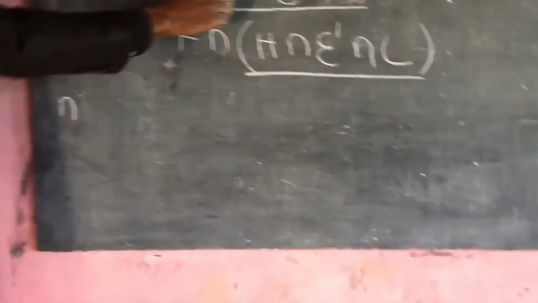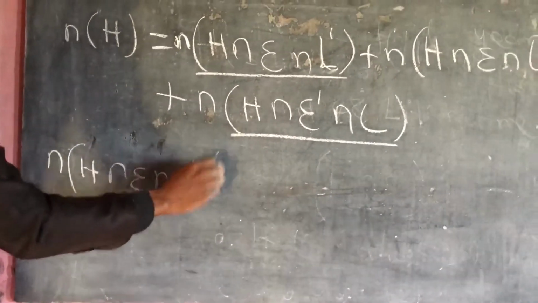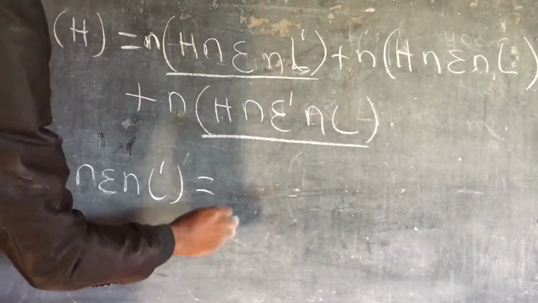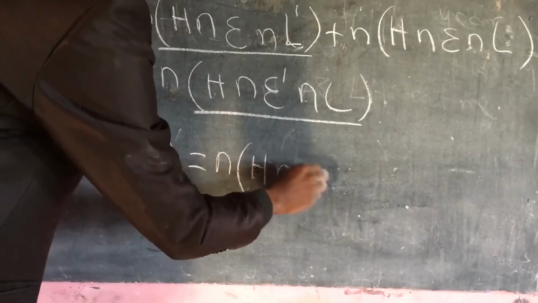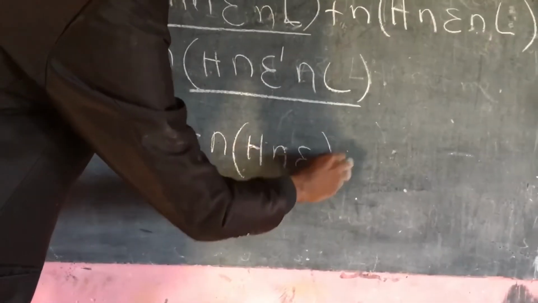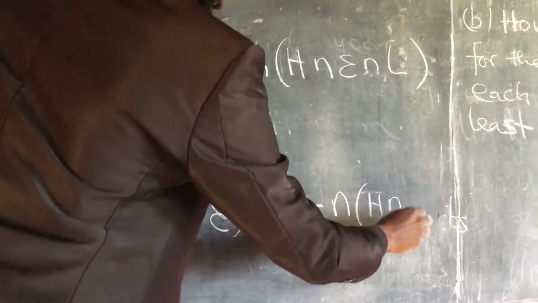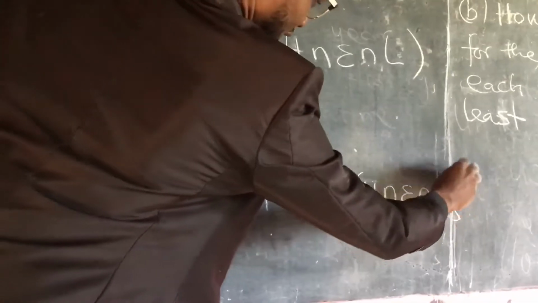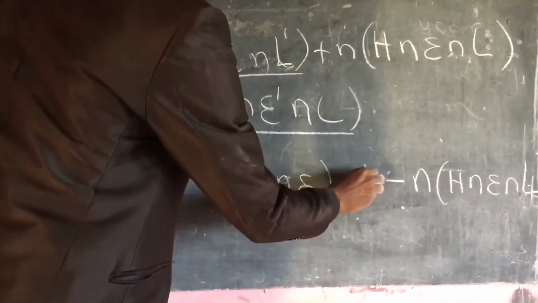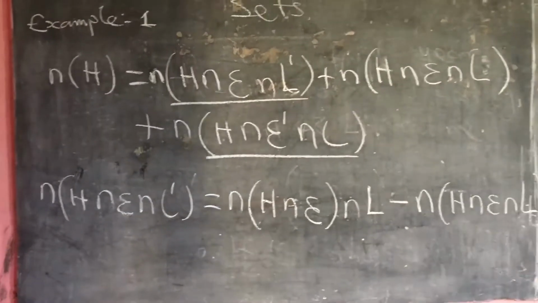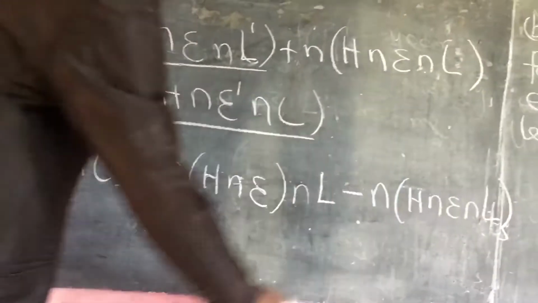Now we take this H intersect E intersect L complement. We get it as the cardinality of H intersect E intersect C minus the cardinality of H intersect E intersect L. This one is L, H intersect L. I don't know why I said C. So we know this one is 30, this one is 10, and this one is 8.